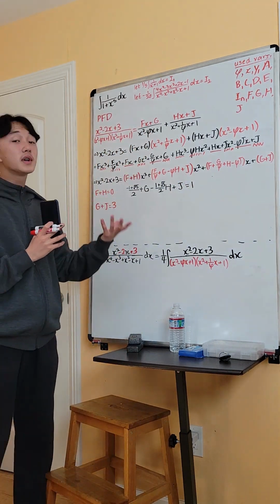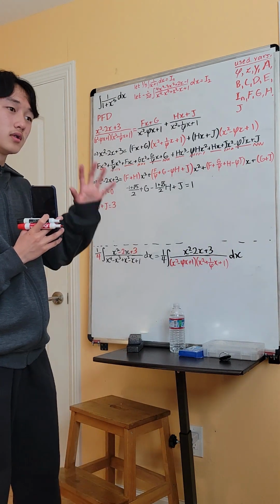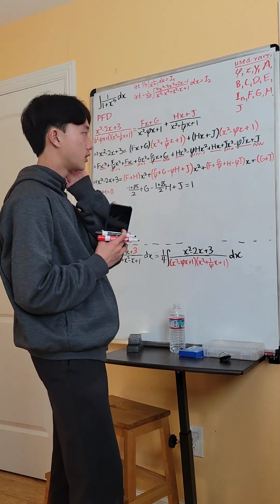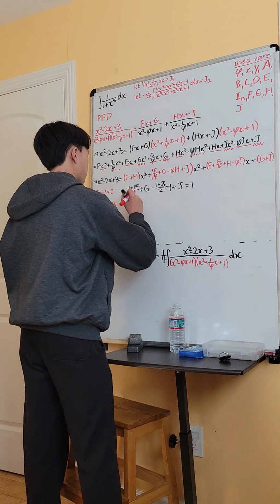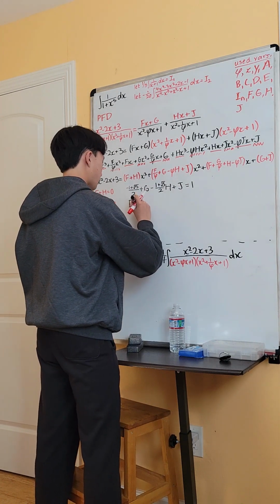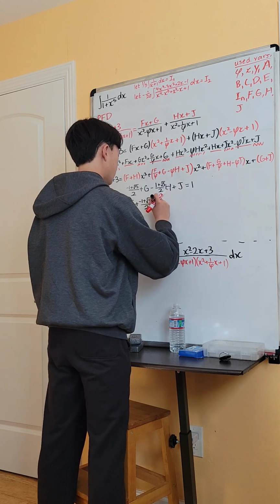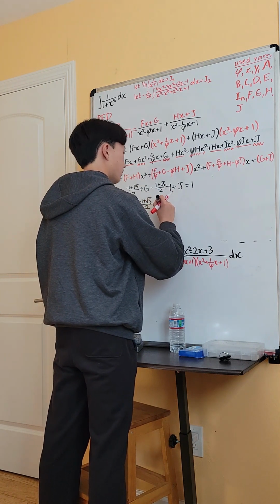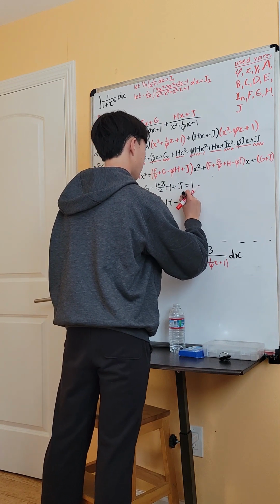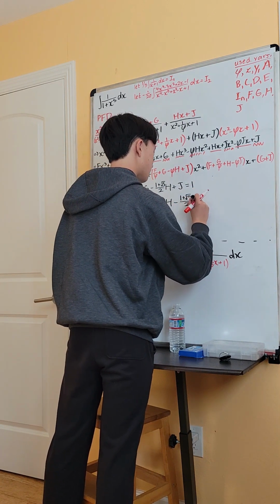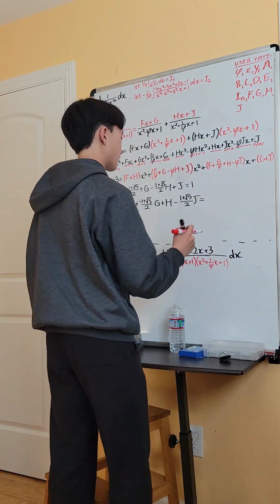Okay. Maybe I didn't make an error, but I'm going to do this just in case I did make an error. I don't want this to be completely pointless. So, f plus g over phi, which is negative 1 plus root 5 over 2 times g, plus h minus phi, which is 1 plus root 5 over 2 times j, is equal to negative 2, which is the linear term coefficient.